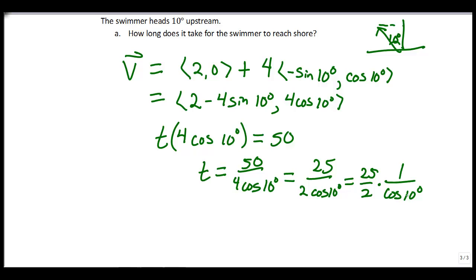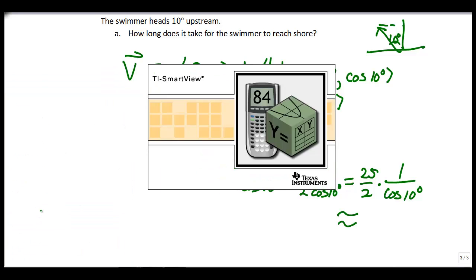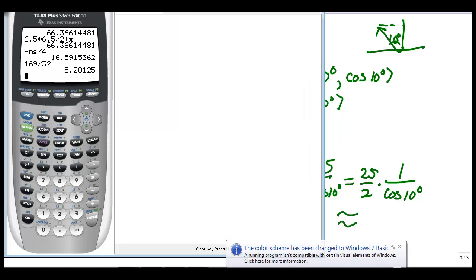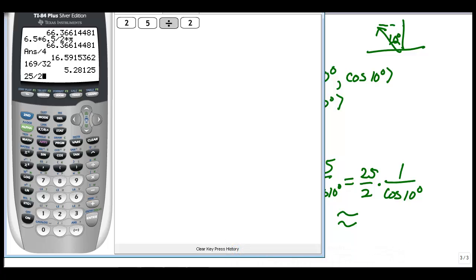Now, cosine of 10 degrees is less than 1, so this is going to be bigger than 1, so it's actually going to take us more time. How much more? Well, you could write this out as a decimal. So we can pull up a calculator here. We need to do 25 divided by 2 times cosine of 10. This is going to be in radian mode, so I have to convert this to radians.